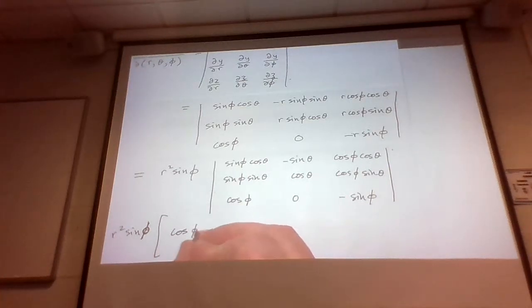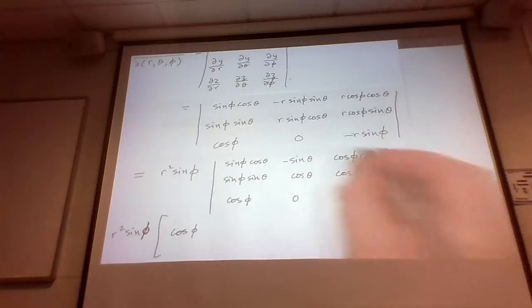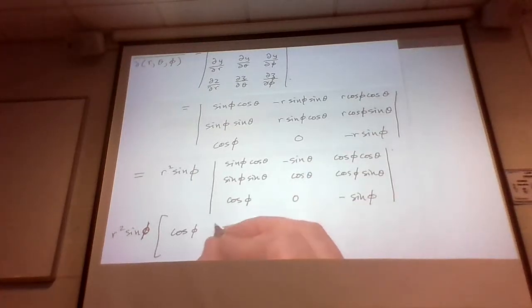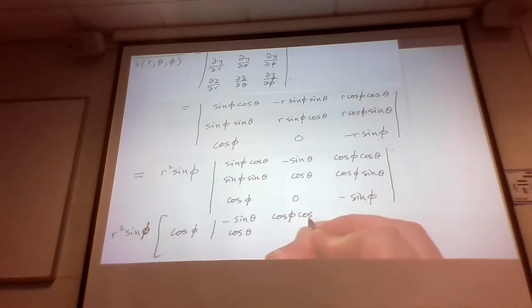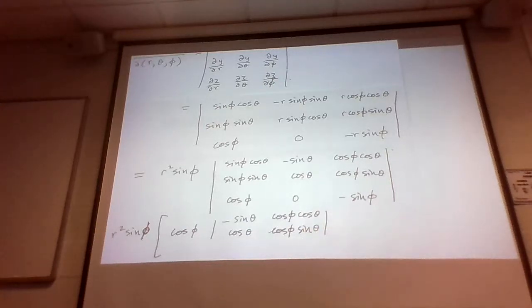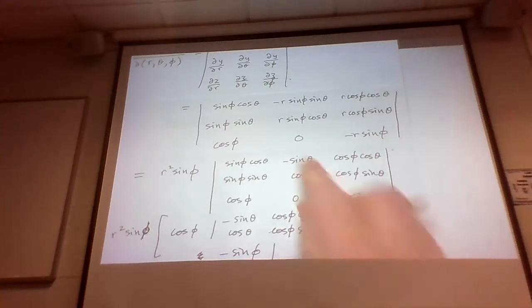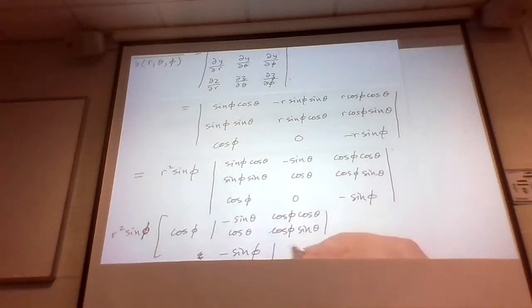So we get cosine phi into this top right 2 by 2 determinant, which is minus sine theta, cosine phi, cosine theta, cosine phi, sine theta, and minus whatever that is, 0 times the 2 by 2 determinant, but it's going to be 0, and then plus minus sine theta, sorry, minus sine phi times this top left 2 by 2 determinant.